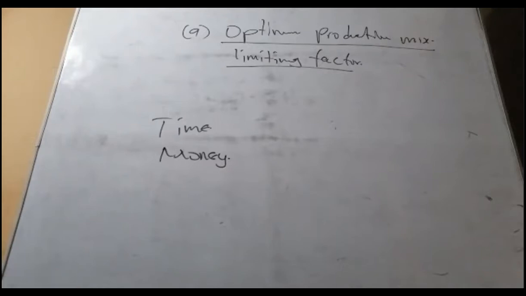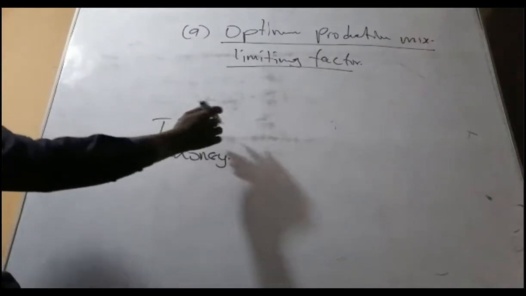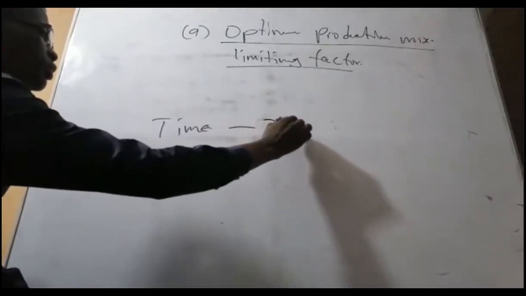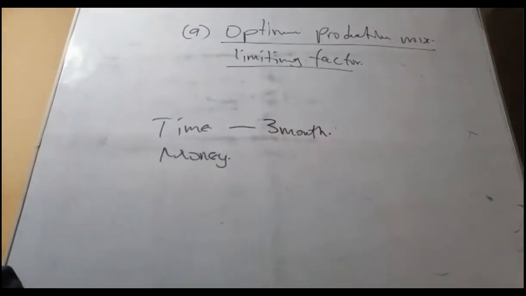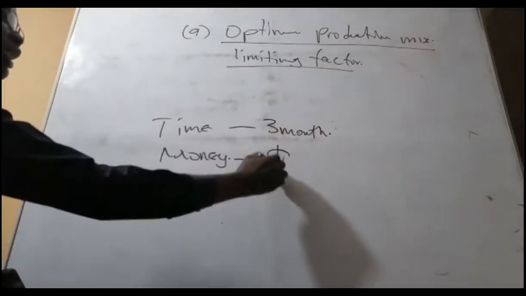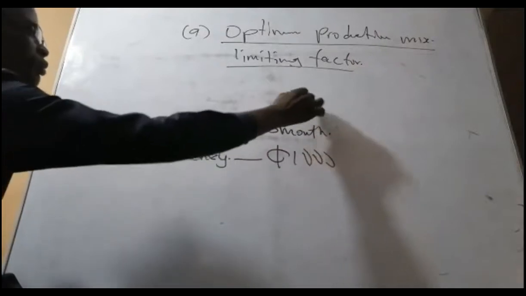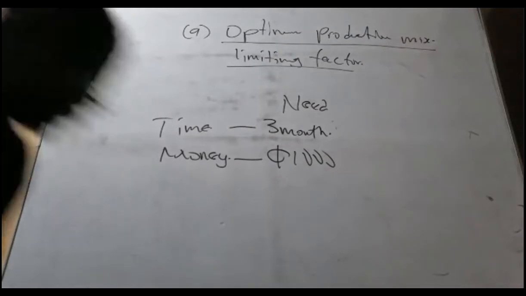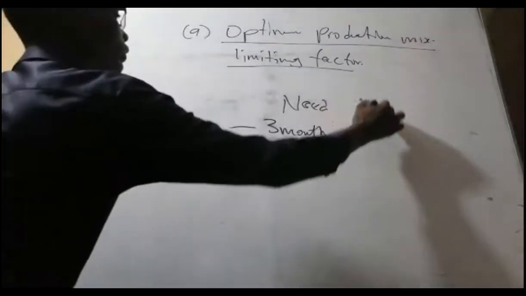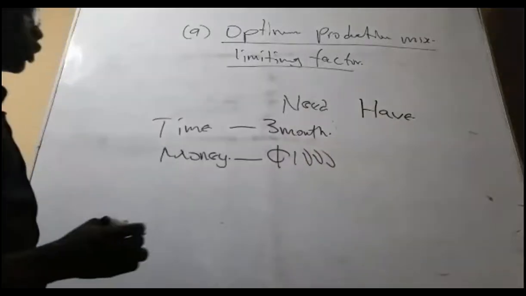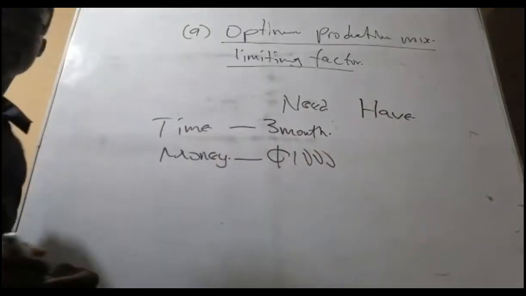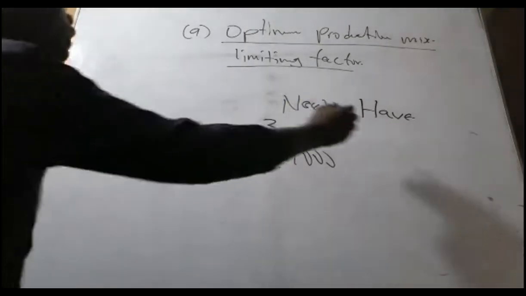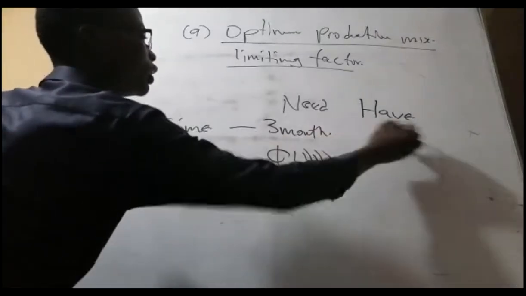Good. So let's assume that for time, you need at least 3 months of preparation each sitting. For money, let's assume that at least you need 1,000 cedis. This is what you need. Then you compare it to what you have. So time: you need 3 months, but currently, looking at your schedule, you only have 2 months.